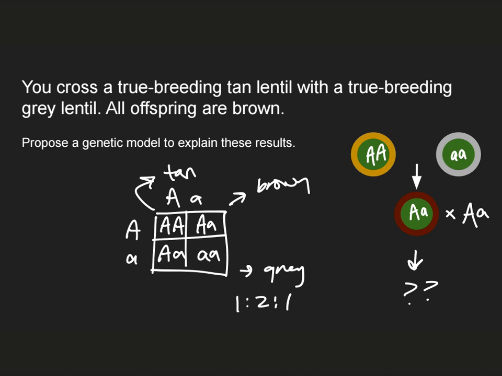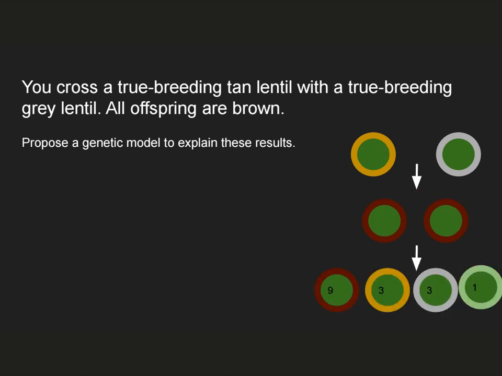So let's perform that cross and see what we get. See if it fits our model of a single gene that is incompletely dominant between these two alleles.